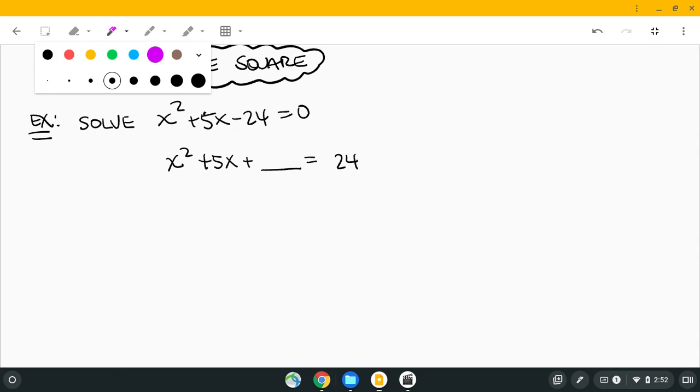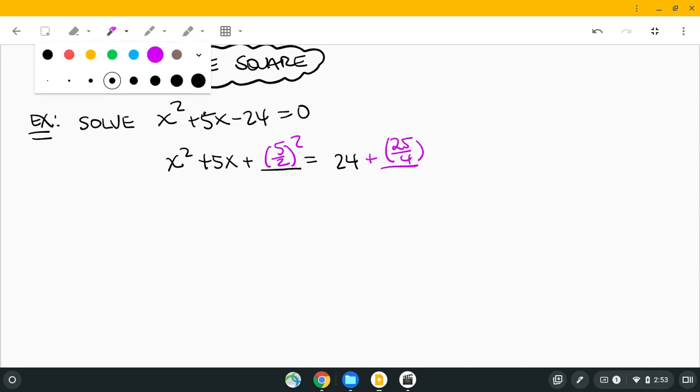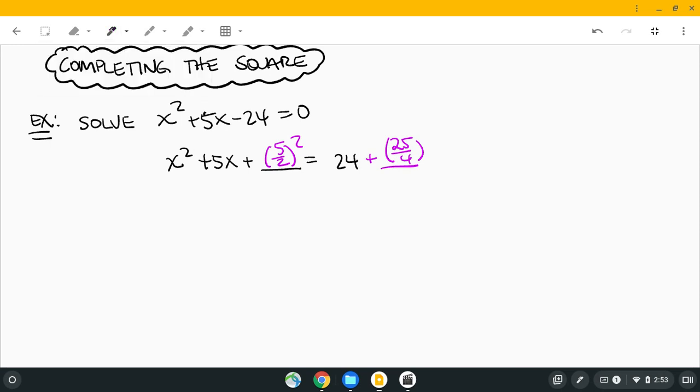But remember, whatever you add on this side, you also have to add over here on this side. So I'm going to write it as 25 over 4.